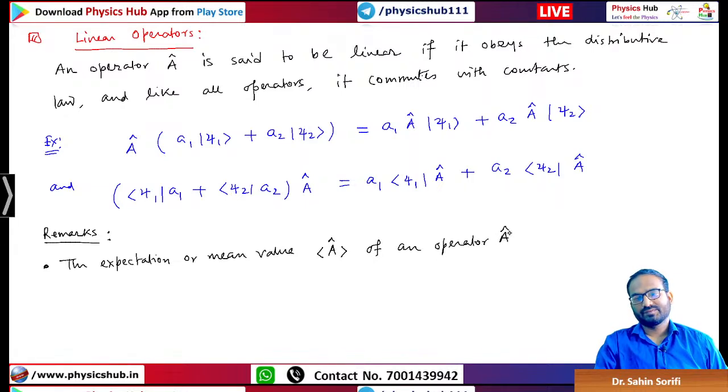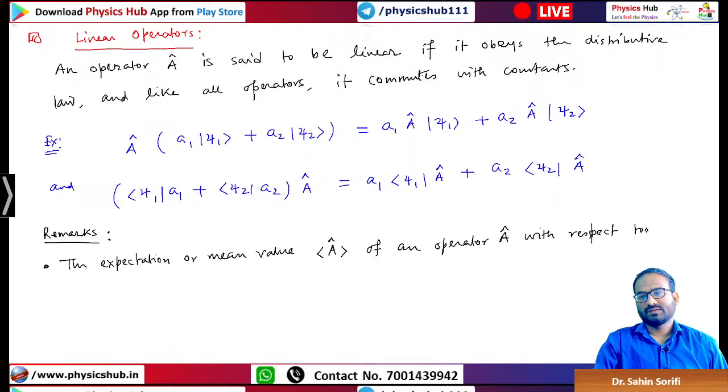This mean value or expectation value of an operator, we must define with respect to some ket psi, with respect to a state psi.